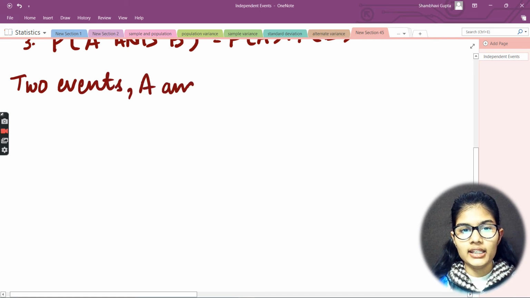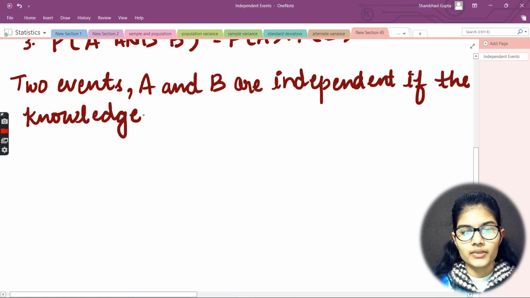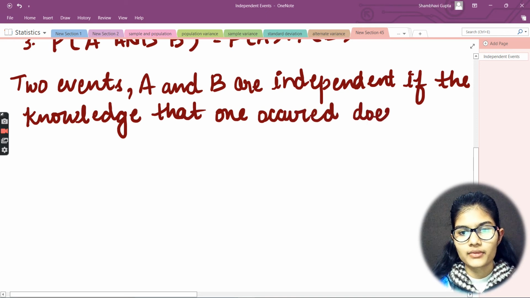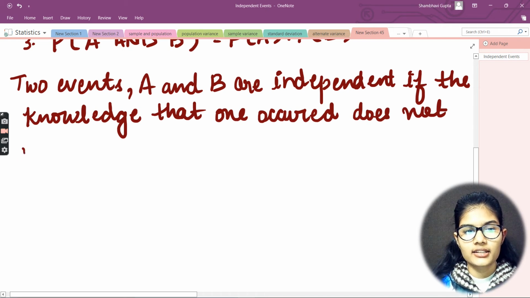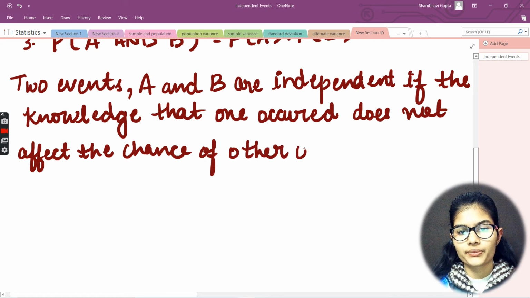Two events A and B are independent if the knowledge that one occurred does not affect the chance that the other occurs.